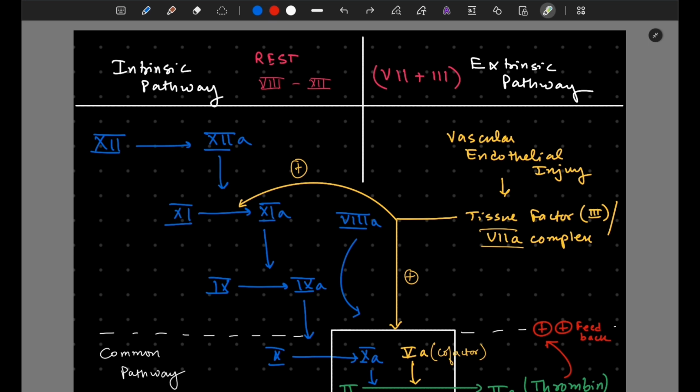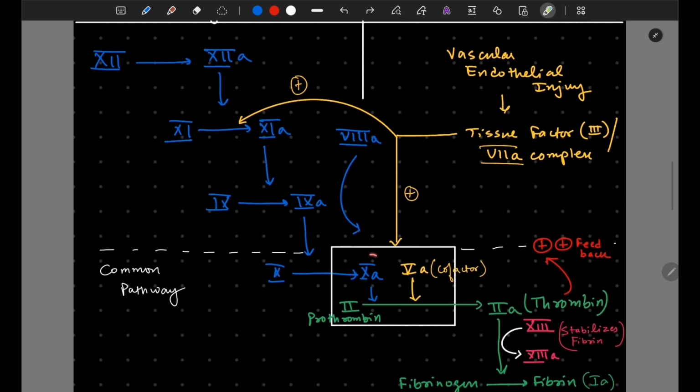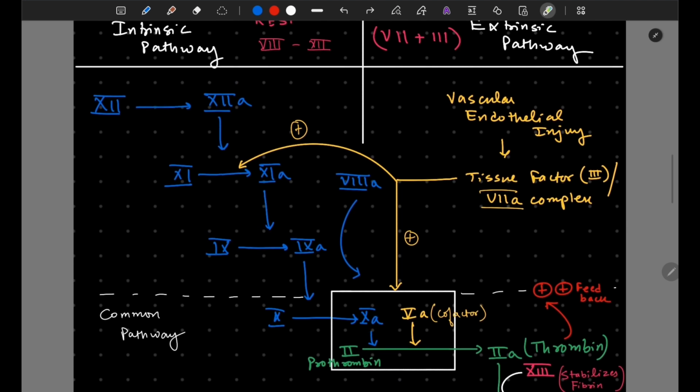In the intrinsic pathway, the factors start from factor 12, which gets transformed to factor 12a, the activated factor, which helps factor 11 convert into 11a. 11a transforms 9 into 9a, and 9a further leads to activation of factor 10 to 10a. This factor 10a is common to both the intrinsic and the extrinsic pathway.